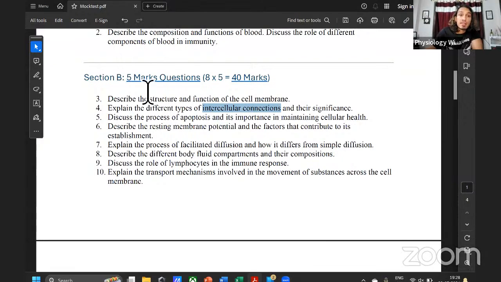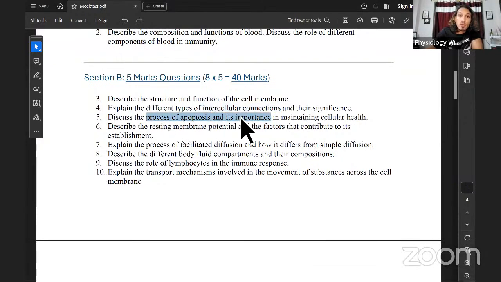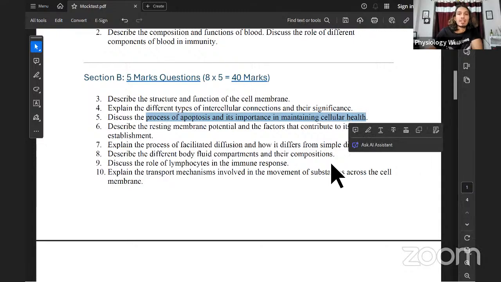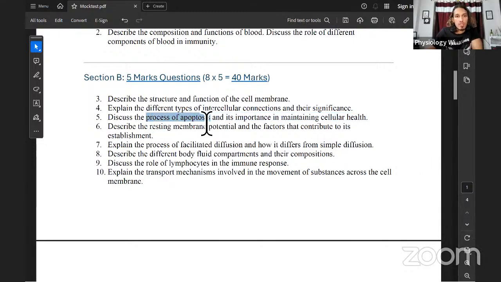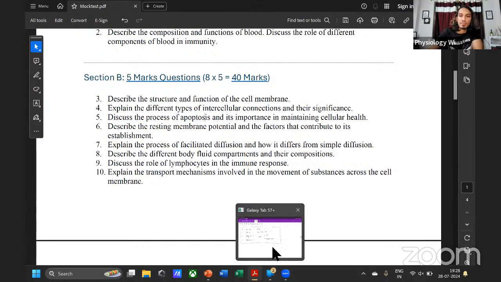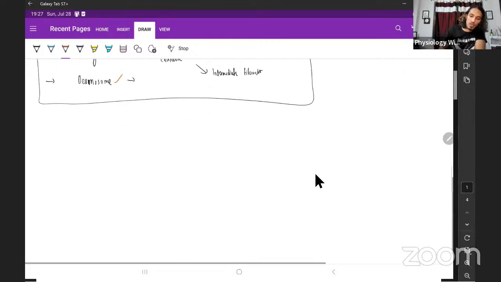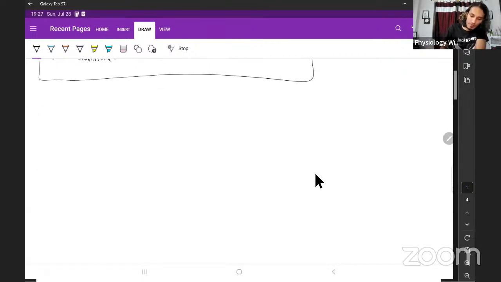Okay. Next, discuss the process of apoptosis and its importance in maintaining health. So what is the process of apoptosis and its importance in maintaining health? Here also I'll give something like 3 and 2 marks. So first, the process of apoptosis. You'll have to talk about your extrinsic and your intrinsic pathways.